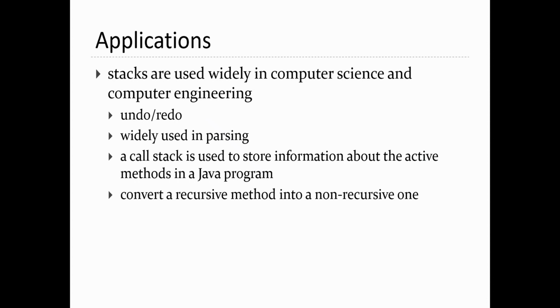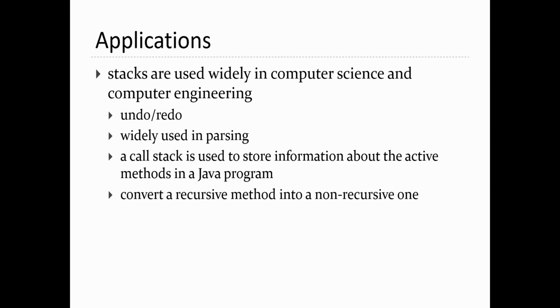If you ever use undo or redo in some sort of program with a graphical user interface, like Word or PowerPoint, undo and redo are implemented using a pair of stacks. Every time you do something in your program, that gets interpreted into a command, something that resembles a command object.